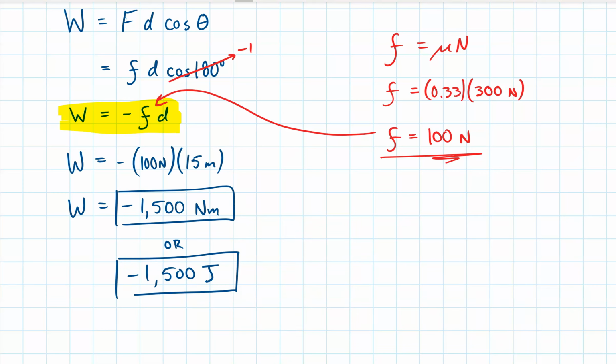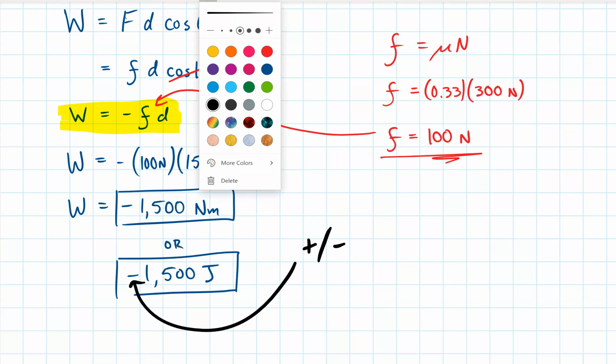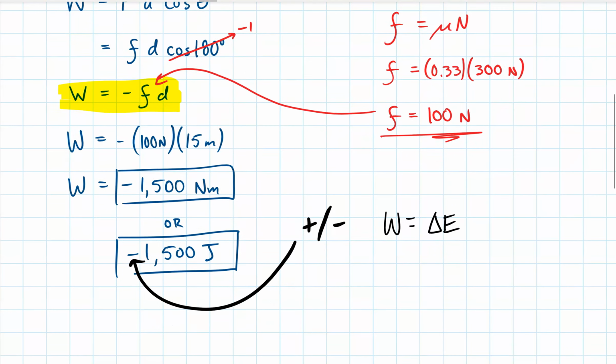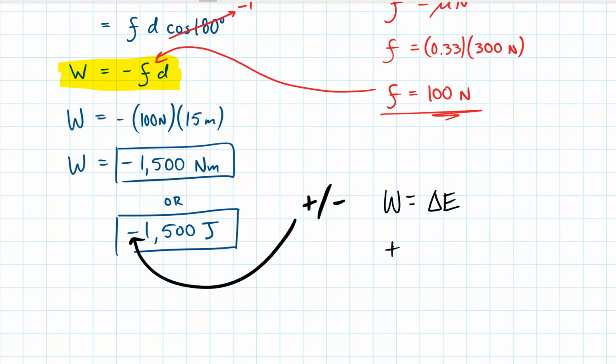All right. Now, why is this negative? Because this negative sign means something. That means which direction the energy is being transferred. Remember, work is a change in energy. So if we have a plus sign, plus means that the system is gaining energy.